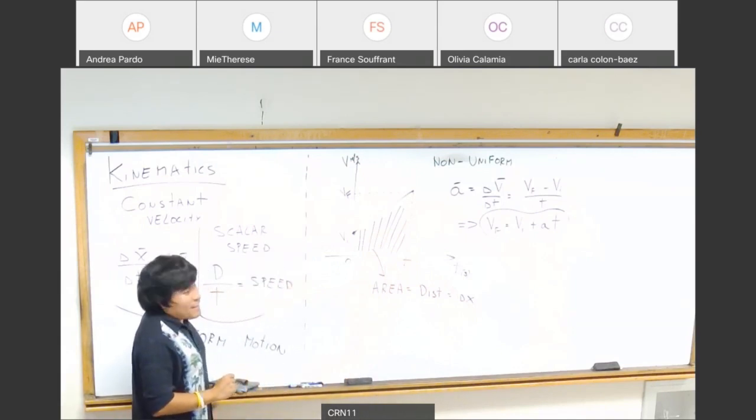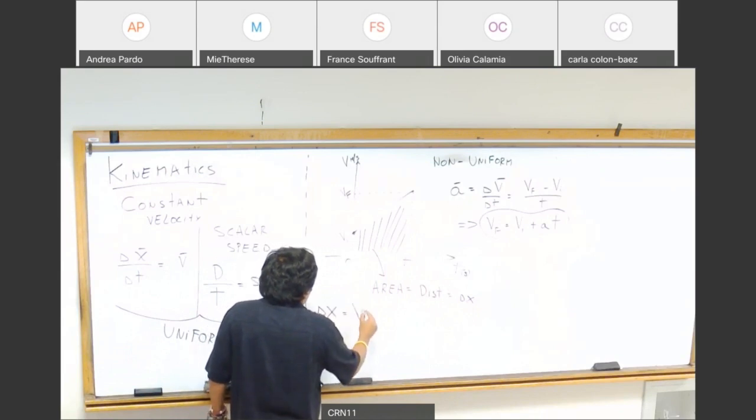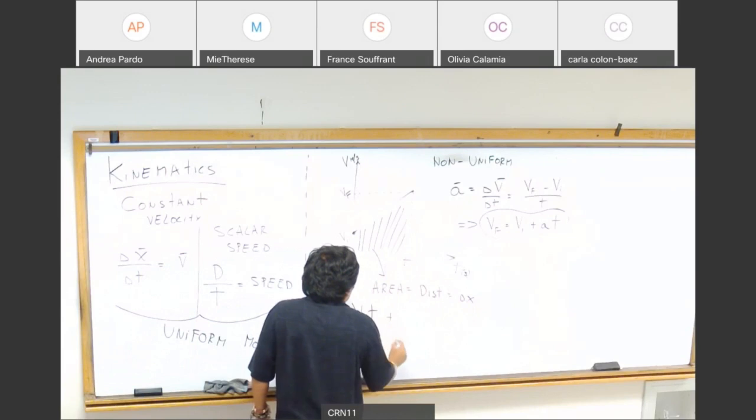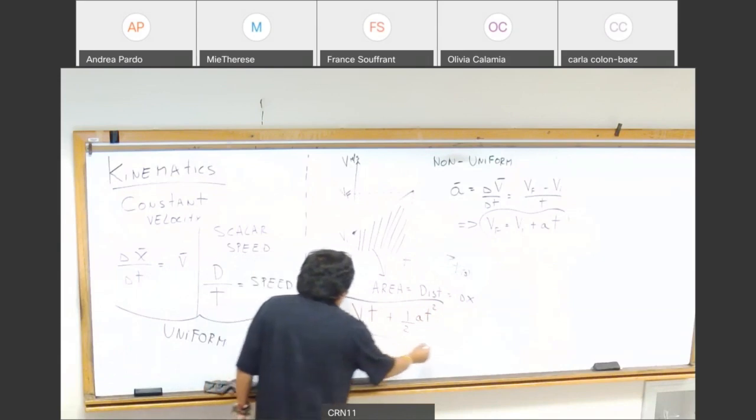So we can find the area of that trapezium, all right, trapezoid. What you will get is that the displacement or distance is equal to V initial times time plus 1/2 acceleration t squared. This is your second equation of motion.